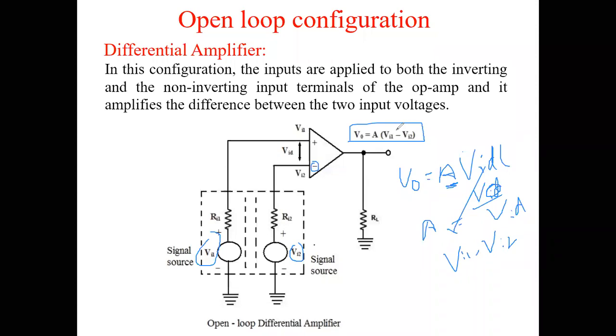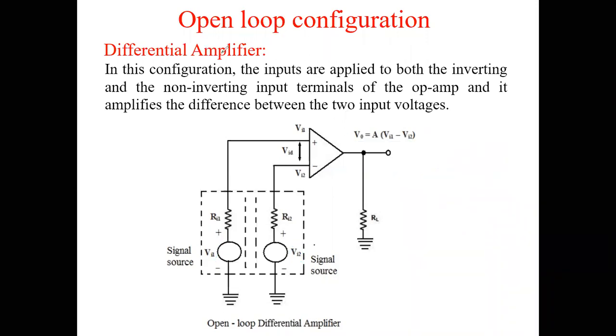Here there is no feedback taken, so the output is not connected to the input in any form, and that is why it is an open loop configuration. This is a difference amplifier or differential amplifier, which amplifies the difference of the two input signals.